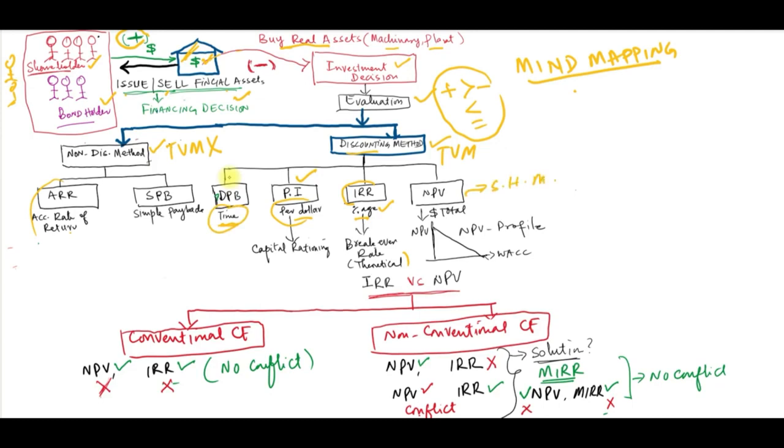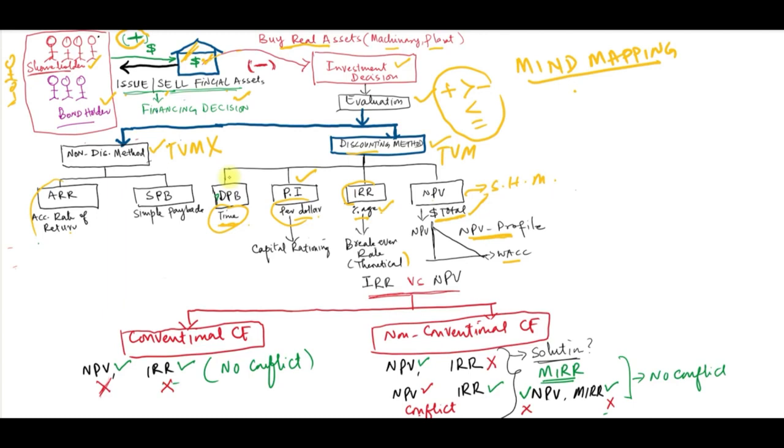It talks about the total profit or total wealth you get here, in dollars. This one is in total amount. As we know, between NPV and WACC there is an inverse relationship, and this inverse relationship is called the NPV profile. So these are the topics we discussed.